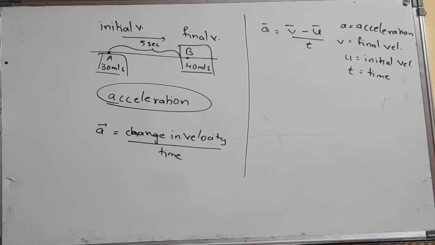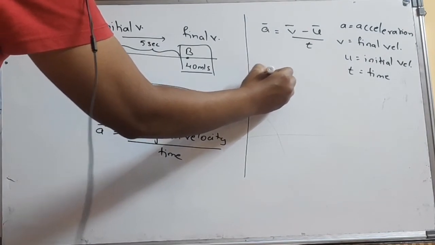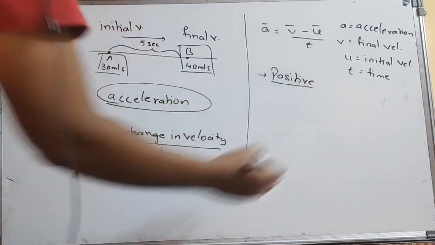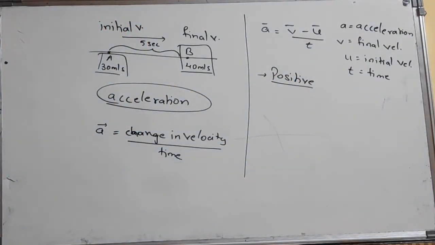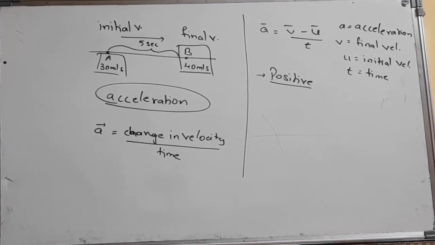Students, acceleration is of three types: positive, negative and zero acceleration. Okay, now we'll look into each acceleration one by one. So the first one is positive acceleration. Let's look into an example. Consider you are sitting in a train which is halted at a station.